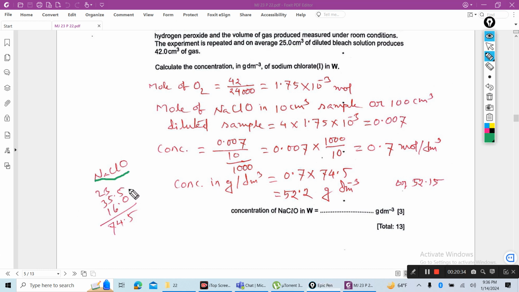Sodium chlorate molar mass: sodium 23, chlorine 35.5, oxygen 16, total 74.5. So 74.5 is the molar mass of sodium chlorate 1. So the concentration of sodium chlorate in W is 52.2 gram per dm cube.